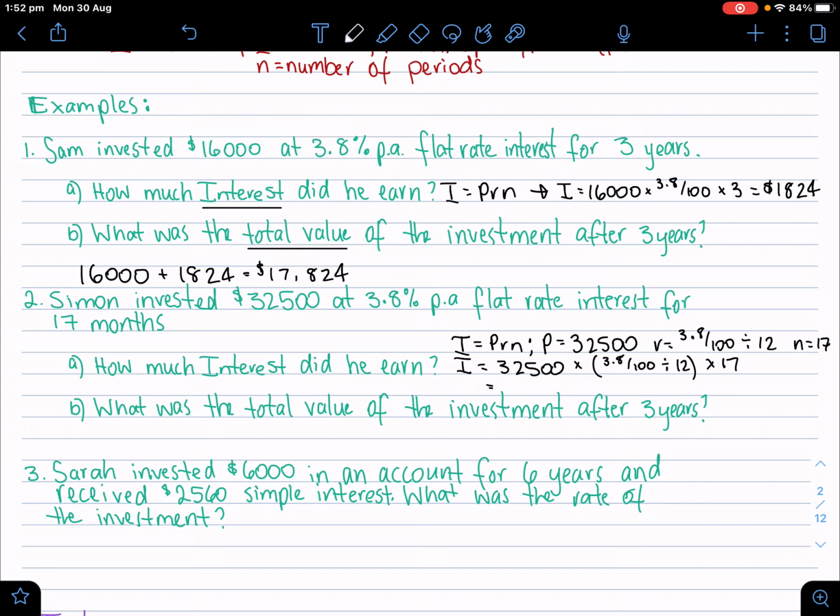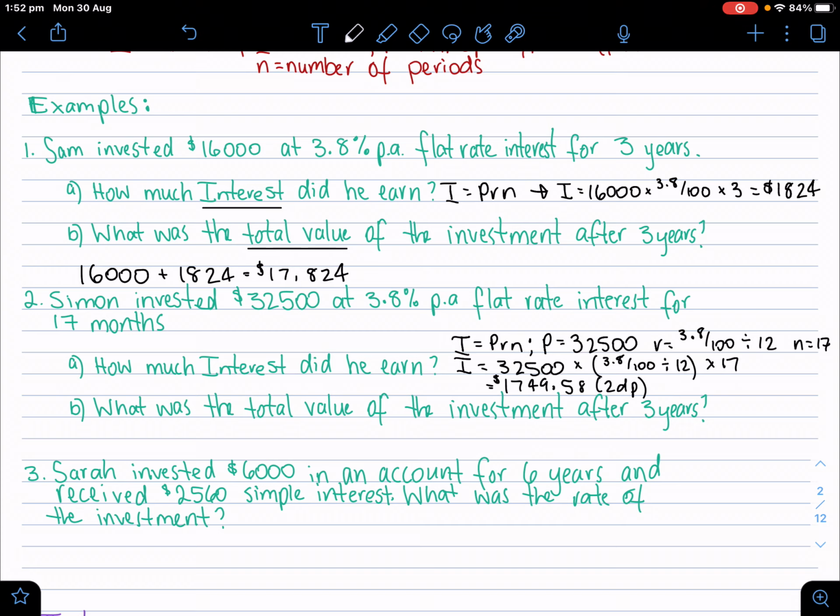Chucking that in the calculator, we get $1,749.58, and I rounded that off to 2 decimal places because normally with money we always do it to the nearest cent. So that's how much interest he earns. What was the total value?